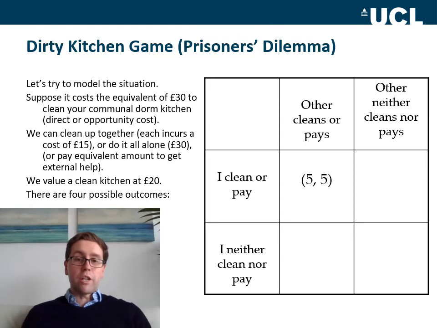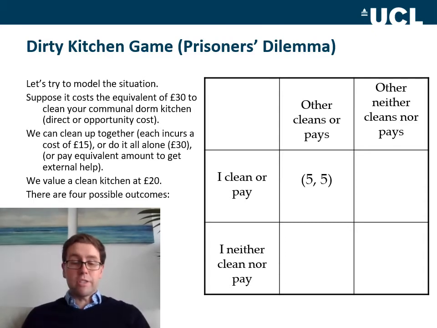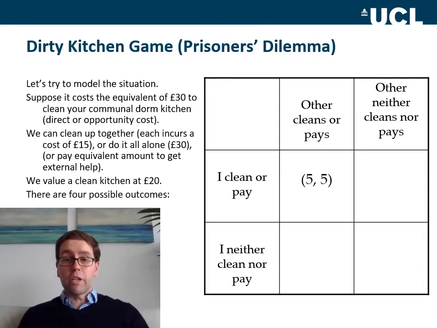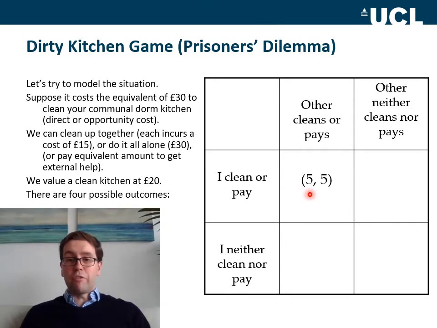So what about these outcomes? We can assign numerical values to these outcomes, because we know how much we value the clean kitchen. In this case, we assign a value of £5 to me and £5 to you. The first number is always my payoff, the second number is your payoff.